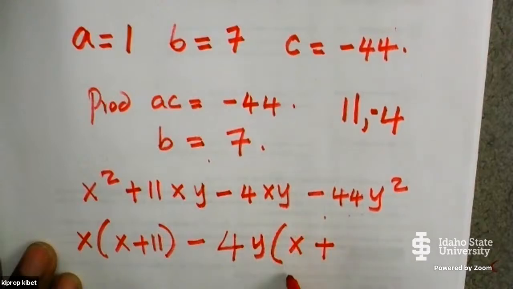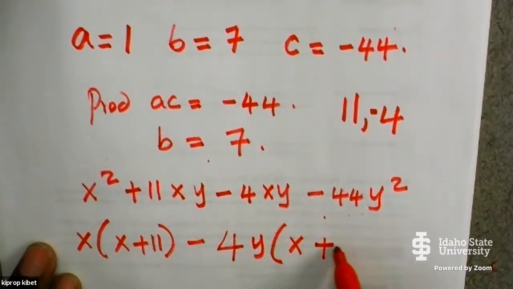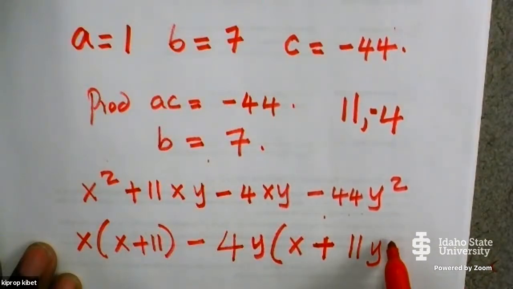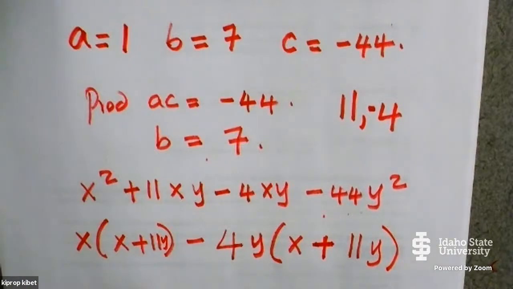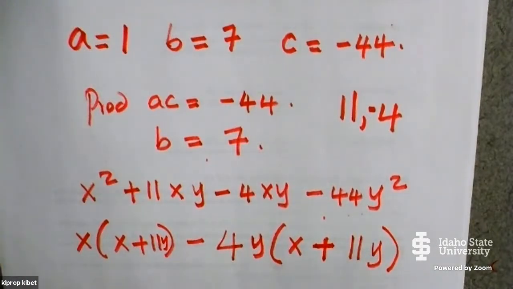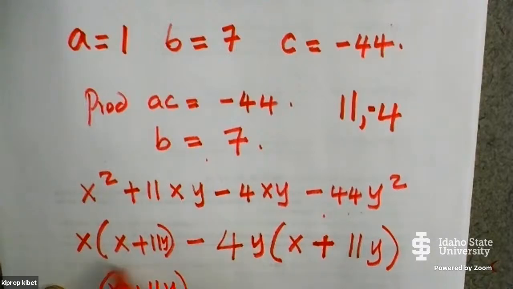So when we close the bracket, this one is plus 11y. Then again, we take the greatest common factor there, which is x plus 11y. And then we take the remaining one, which is x minus 4y.